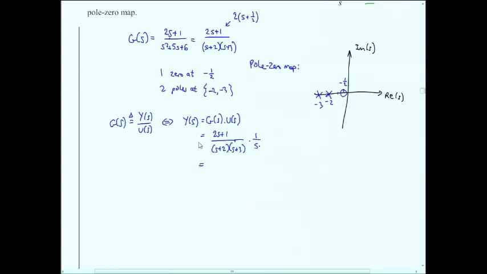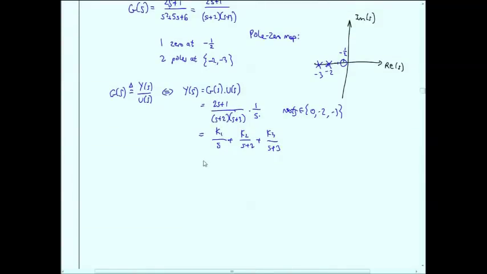So partial fraction expansion, this is one big rational function with distinct roots of the denominator, because the roots are 0, -2, and -3. So I can just use cover up for all the residues. So here's my partial fraction expansion. And then I use cover up for each one.